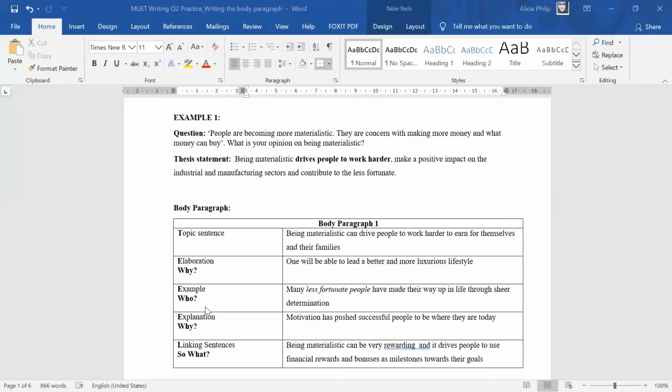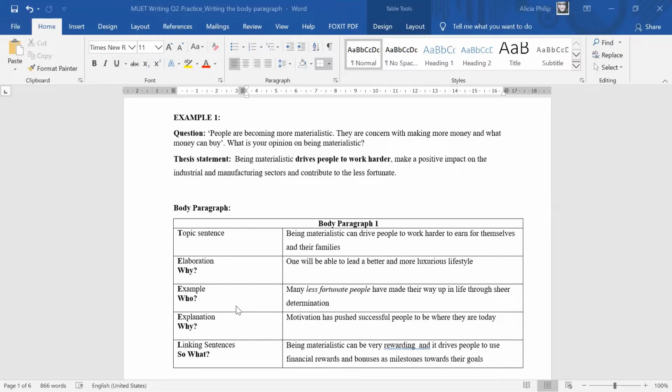Who are the examples of people that need to work harder? So many less fortunate people. Here the example is many less fortunate people have made their way through sheer determination. So you're giving an example of who.